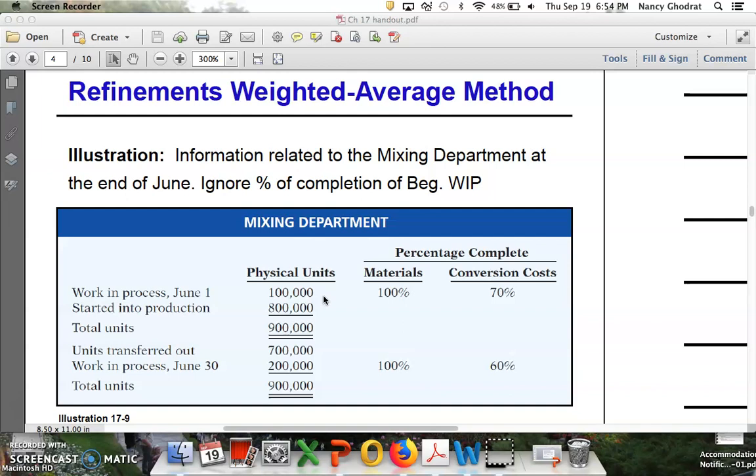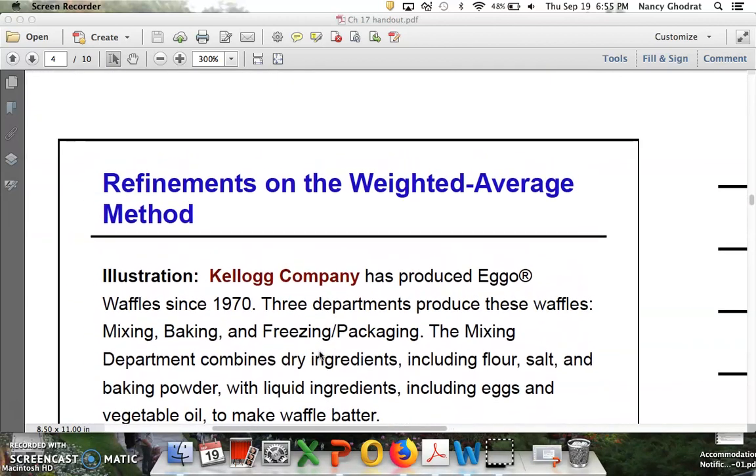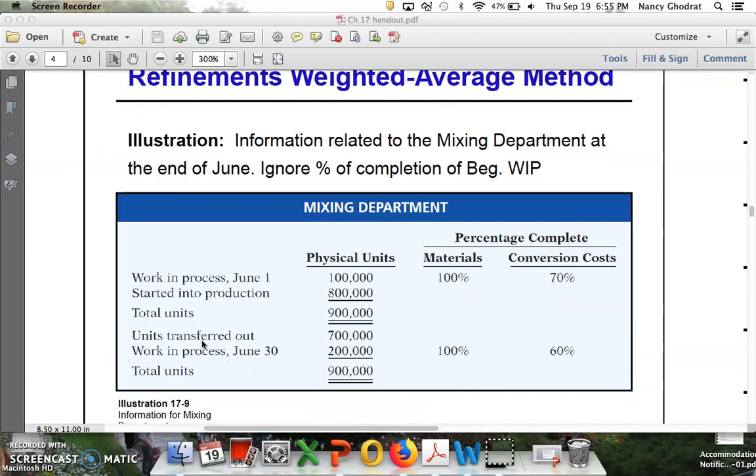And by the end of the month, out of those 900,000 total units, 700,000 waffle batter went to the next department, which is the baking. And the 200,000 units at the end of June represent ending work in process, and those are the waffles that are still in the process of being mixed.